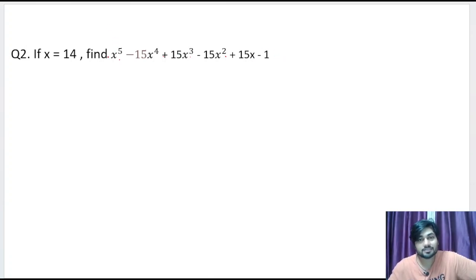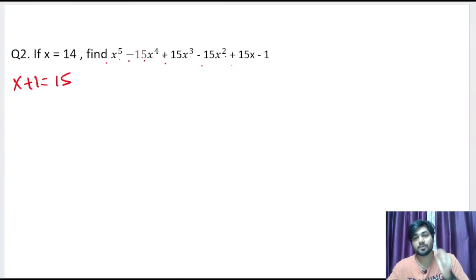The second criterion is alternating sign: plus, minus, plus, minus, plus, fulfilled. The third criterion is x plus 1. What is it? 15. Not 115, it's 15. 15 should be the coefficient of x. Each and every term of x should have the coefficient x plus 1, other than the highest degree.